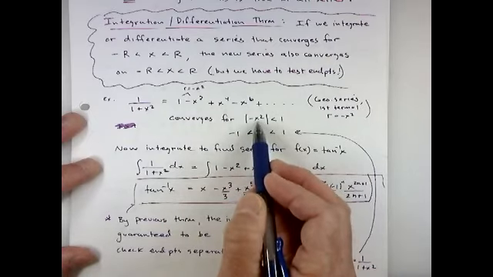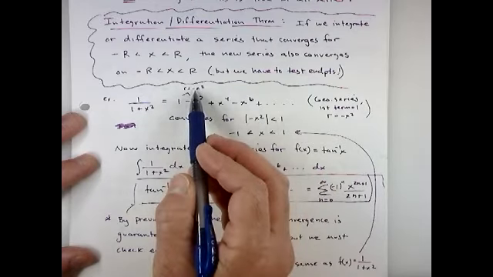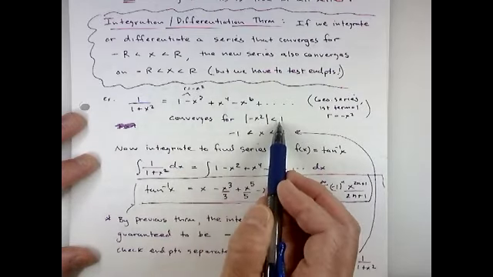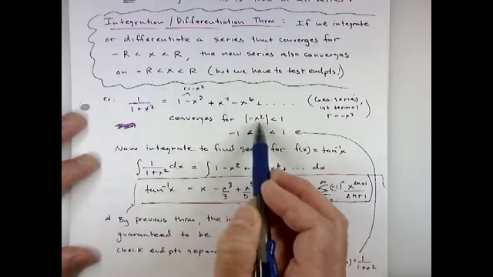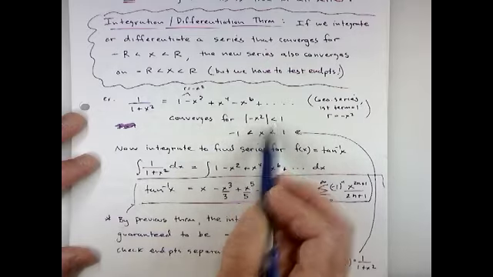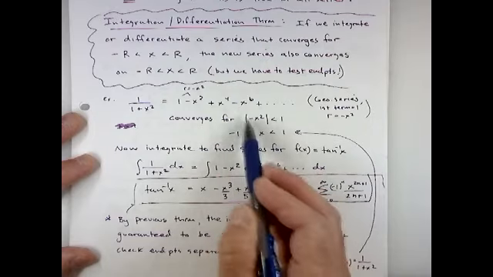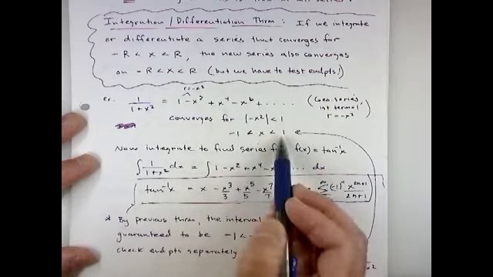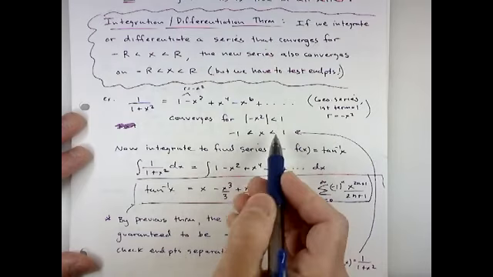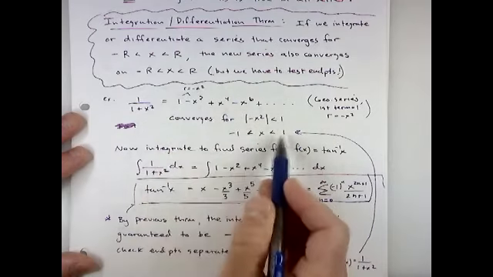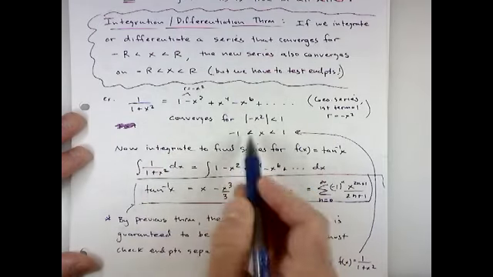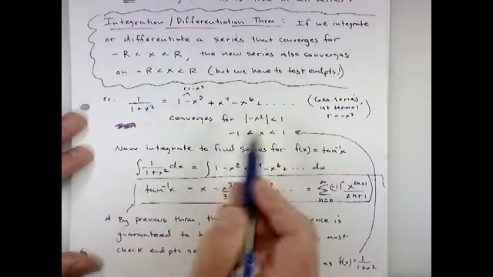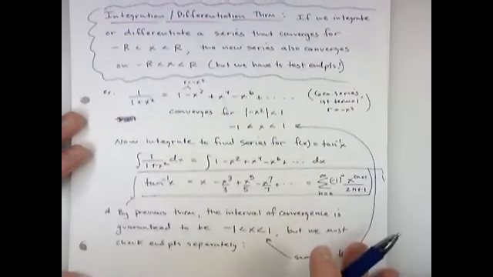Because it's a geometric series, it's going to converge if the absolute value of r is less than 1, which looks weird, but just think about it. What numbers could you plug in there and have the absolute value be less than 1? Any number between -1 and 1. Now remember, for the geometric series, we know it can't converge at the endpoints. Your r value has to be less than 1, can't equal 1.